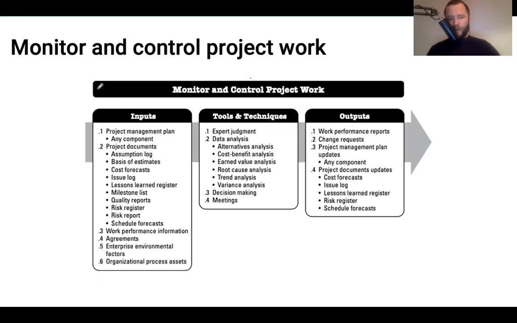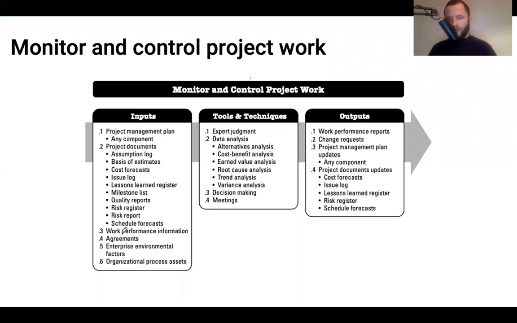Project documents are documents that are auxiliary to the project management plan, but create a baseline and basis for monitoring and controlling. Those include, but are not limited to: assumption log, basis of estimates, cost forecasts, issue logs, lessons learned, milestones, reports on quality, the risk register that's produced during the process of project risk management, forecasting, scheduling, and so on.